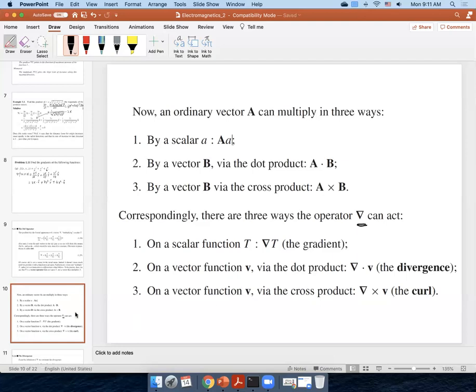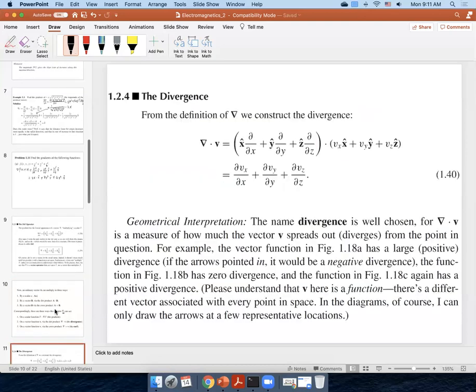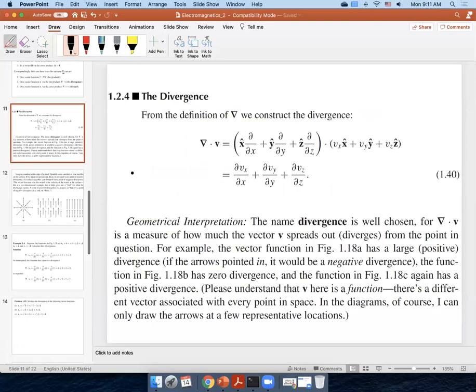We will introduce divergence and curl in later slides. Now, let's see first the divergence. From the definition of del, we construct the divergence, which is del dot V.